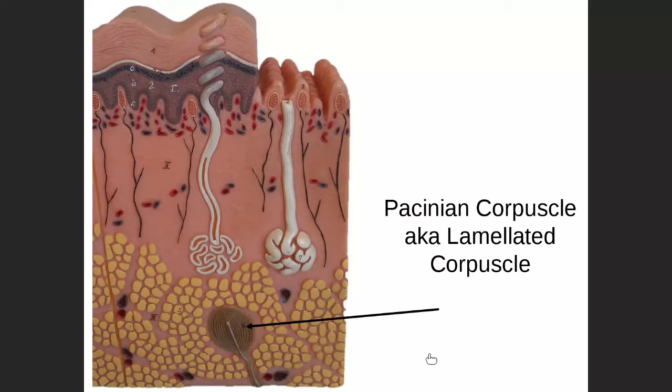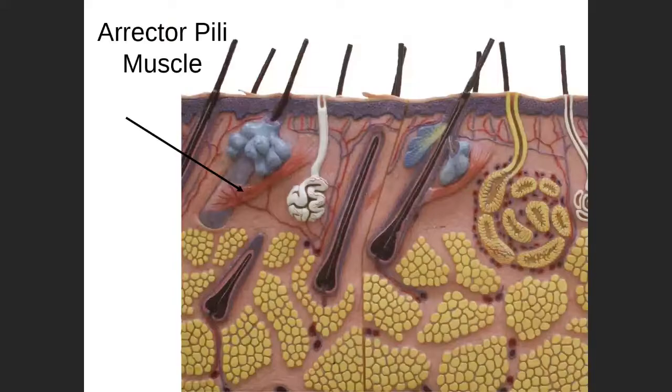So the next slide is going to show us another tissue type that's present in the skin. The only muscle that you have to know in your skin is the erector pili muscle. Pili means hair. If you look closely, this muscle is directly attached to the hair follicle.